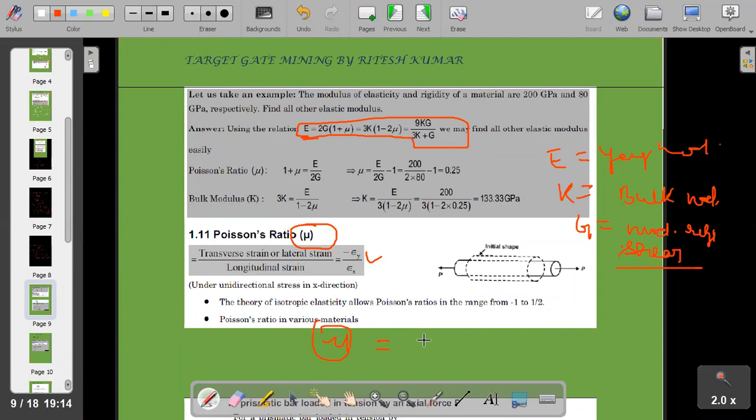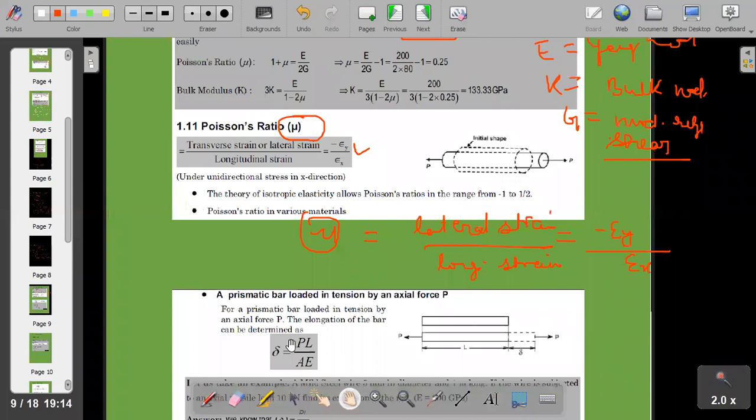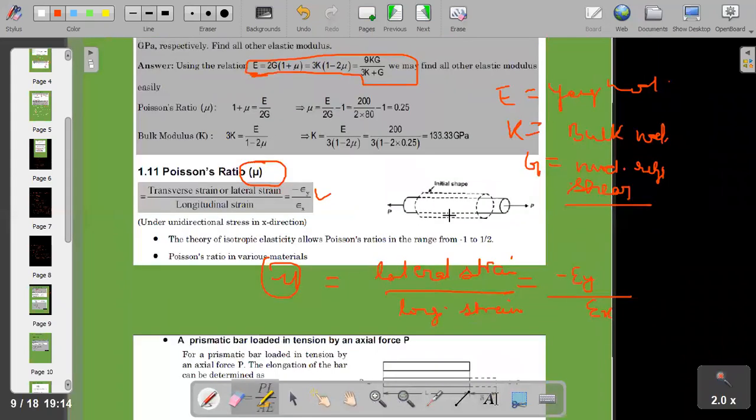Poisson's ratio is the lateral strain by longitudinal strain, okay. Let's say this is the rod, and due to the application of force, you are stretching this rod, then its length will increase.